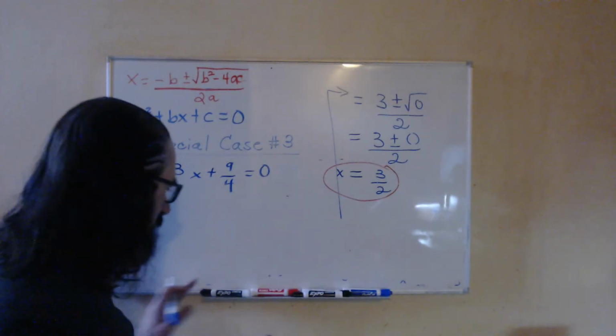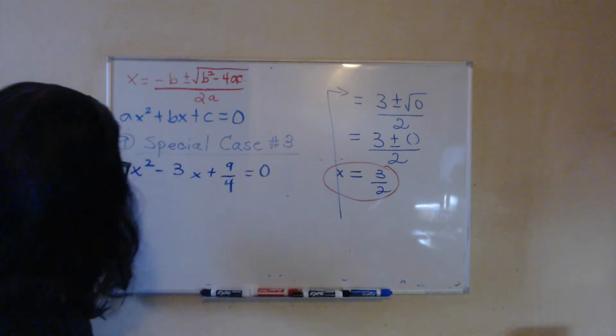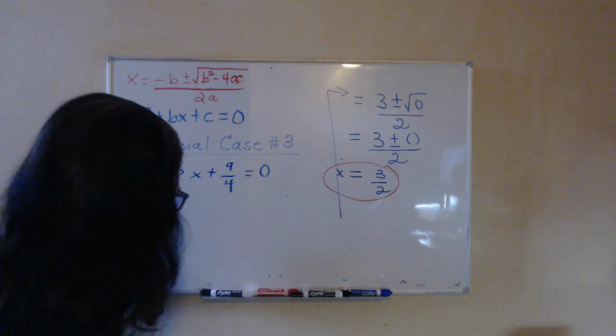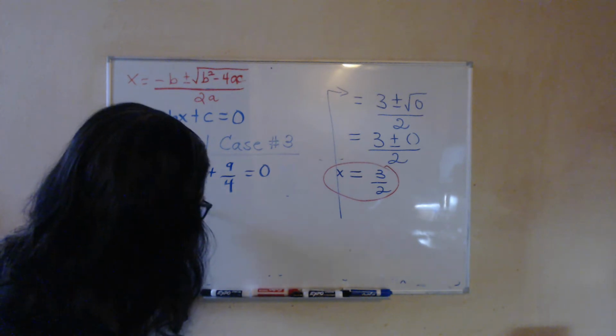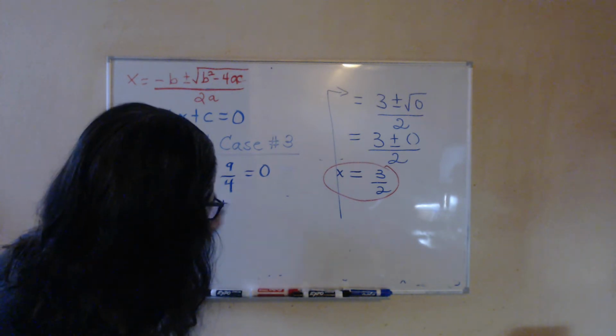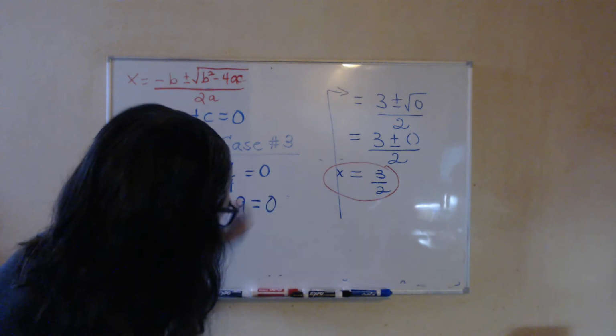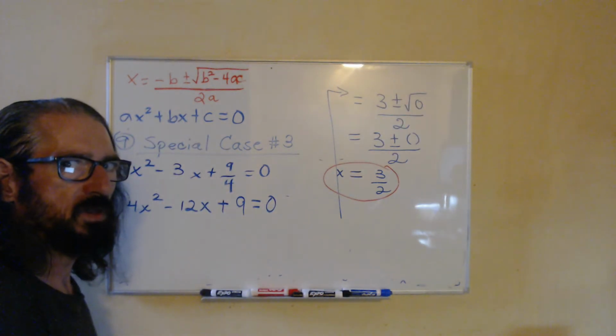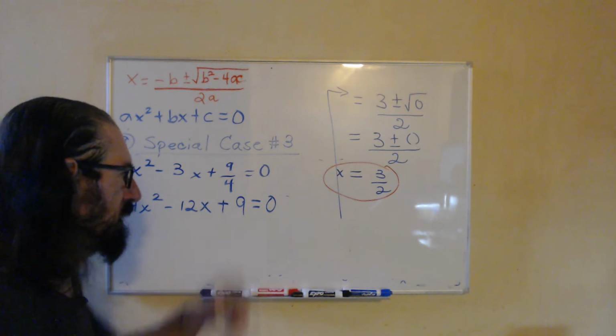And when we see that, what we get is 4 times x squared minus 4 times 3x, which is 12x, and it's going to cancel here. We still have 4 times 0 equals 0 on the right-hand side.